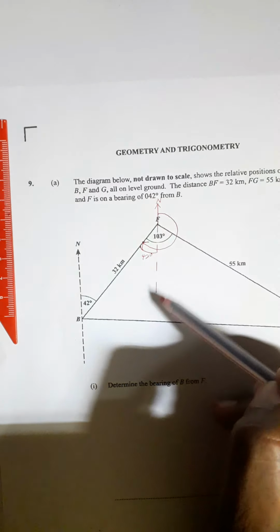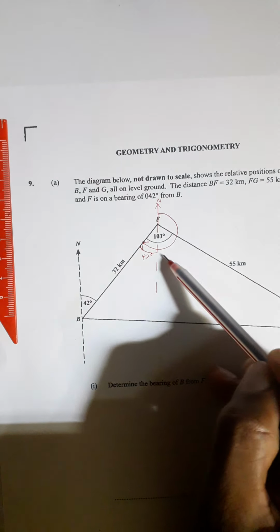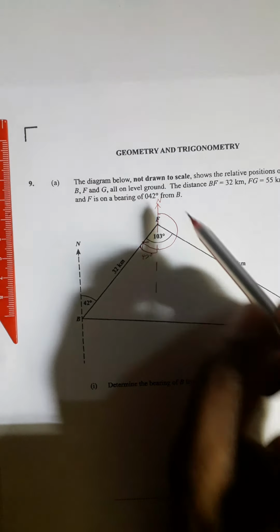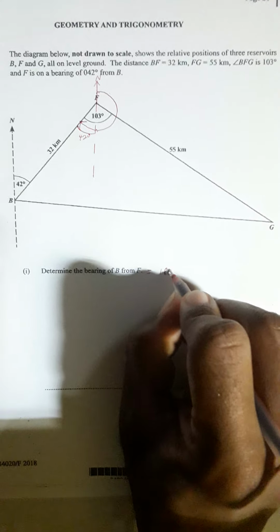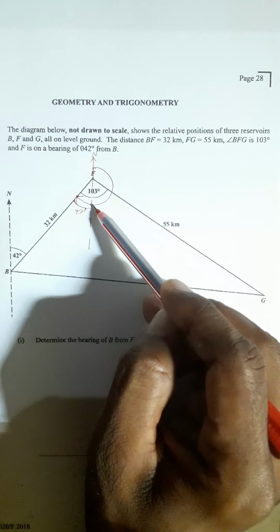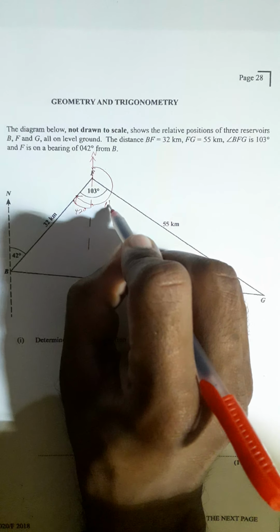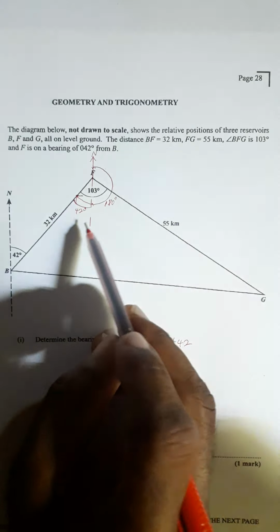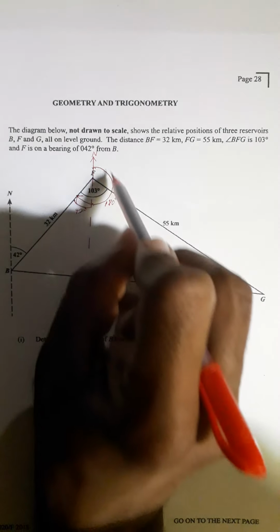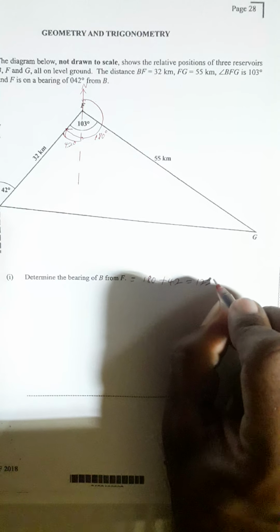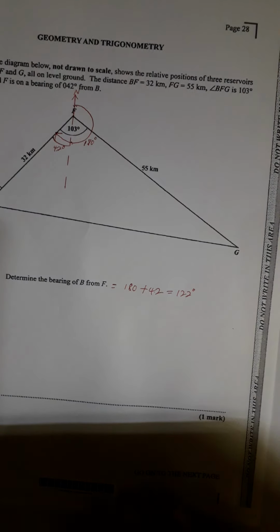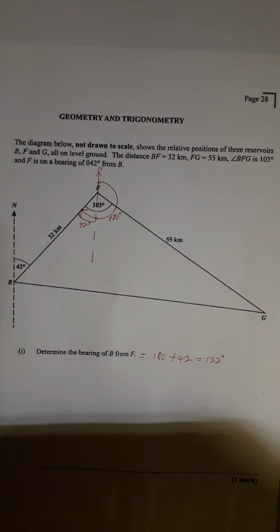And this here is a straight line, angle on a straight line, so from here to here will be 180. So the bearing equals 180 plus 42, which gives us 222 degrees.